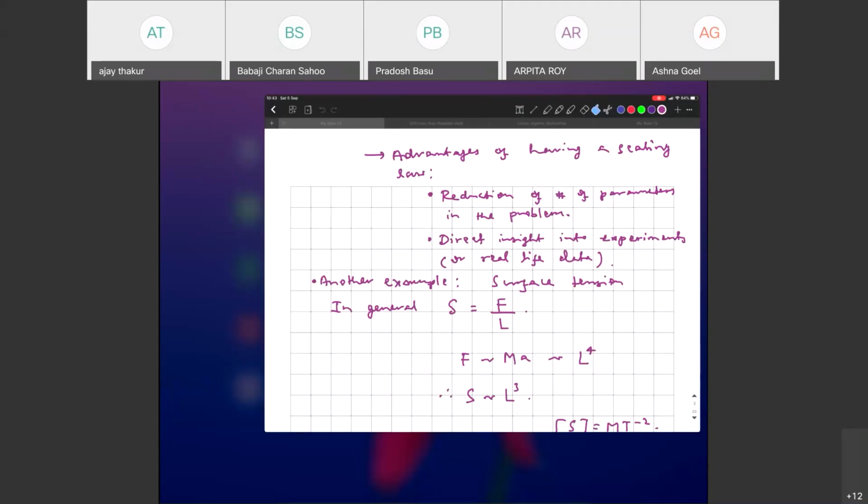Sir, in that class, you told that the surface tension scales as L. In which scenario does surface tension scale as L? Surface tension was force per unit length, right? Yes, sir. If force is scaling as L to the power 4, then surface tension will scale as L cube.